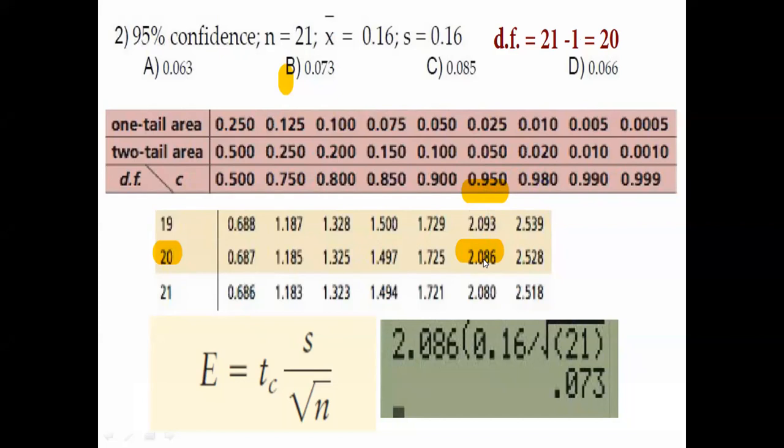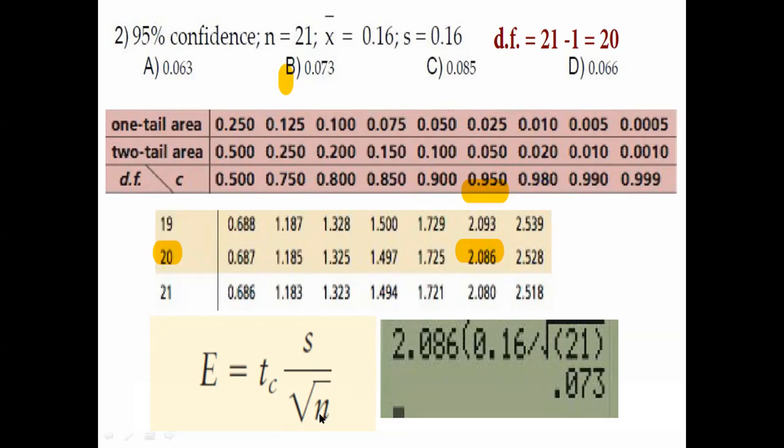I'm not using Z-scores, I'm using T-scores. It was easy enough to find. All I do is take 1, subtract it from 21, find degrees of freedom 20. There it is. And then match it up with 95%. And where these two intersect, 2.086. I tell you what s is. Up at the top, I tell you that the standard deviation of the sample is 0.16. There it is.